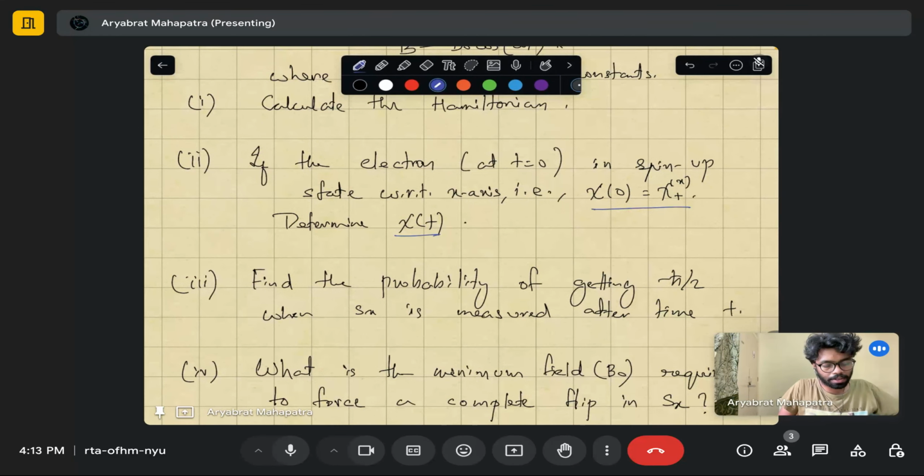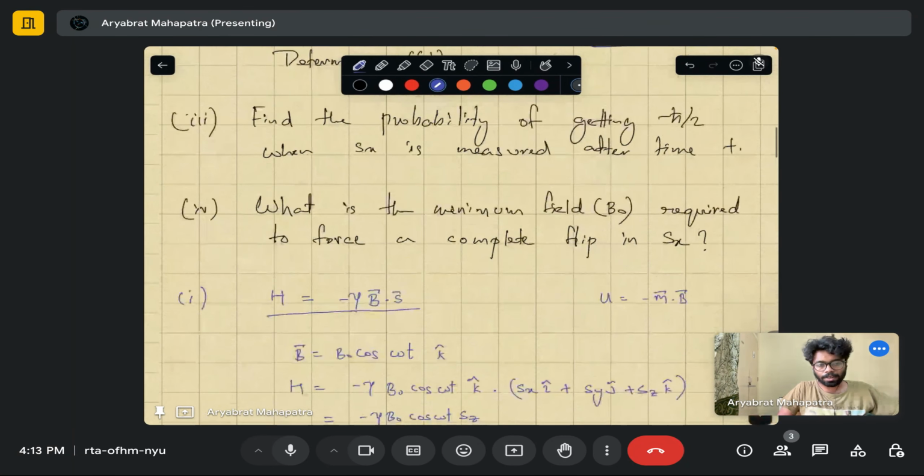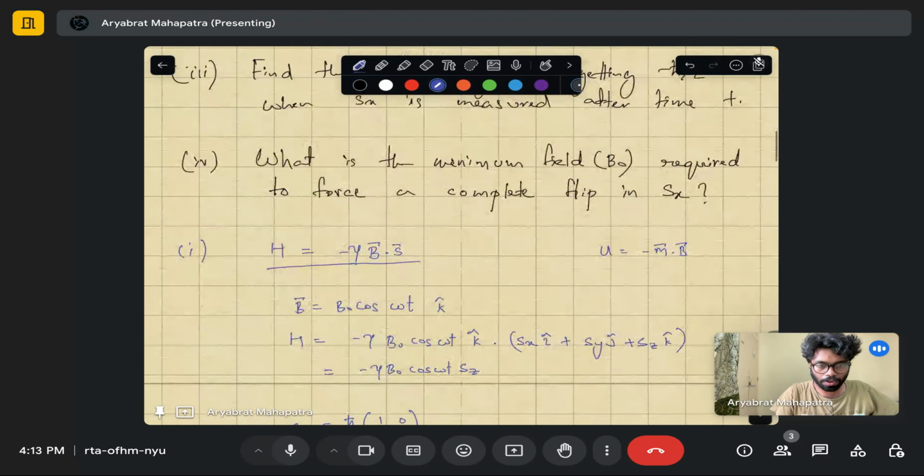As we said, initially we don't know the spin orientation of the electron, so it can be in any arbitrary direction.